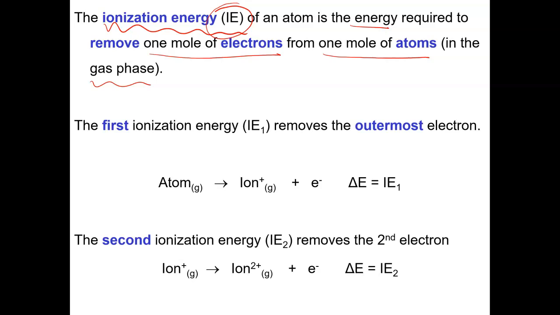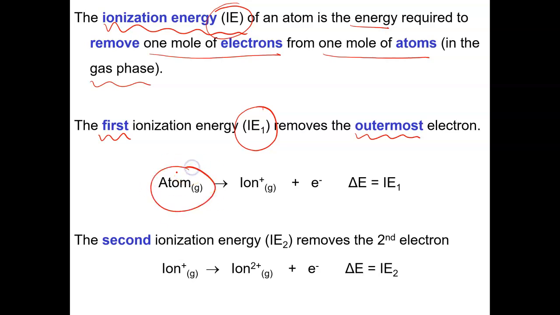So every element will have an ionization energy. We'll often talk about the first ionization energy, which we will give the abbreviation IE1. This is the energy required to remove the outermost electron, that is the last one in an atom's electron configuration, the one that is easiest to remove.